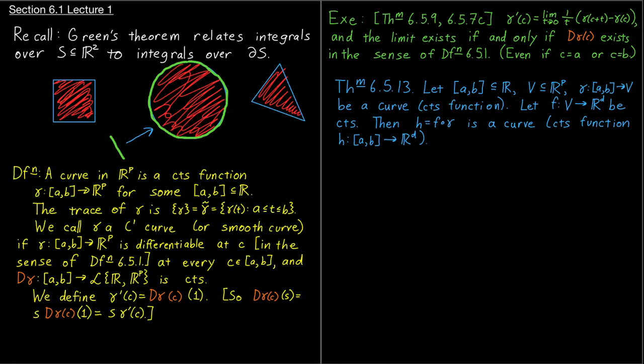And furthermore, if c is in this interval, you have to check this. If c is an endpoint, it doesn't quite follow from section 6.5, but it is nonetheless true.